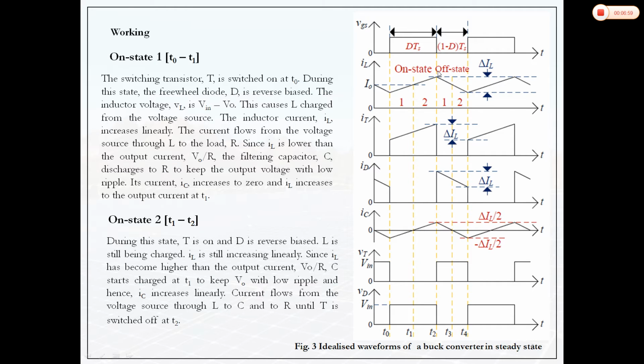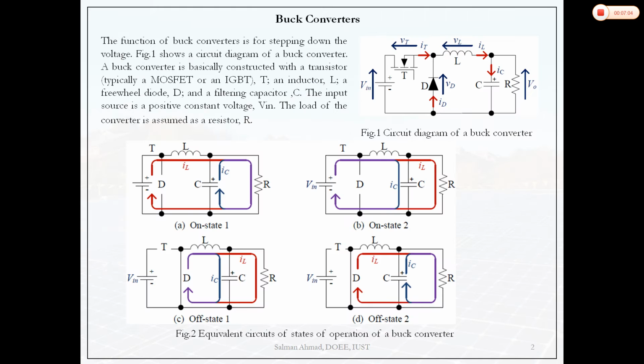Okay, during on time. Now during off time, you can see this switch is turned off. So this diode is forward biased, and if we are considering an ideal diode, the voltage across these 2 points will be 0.